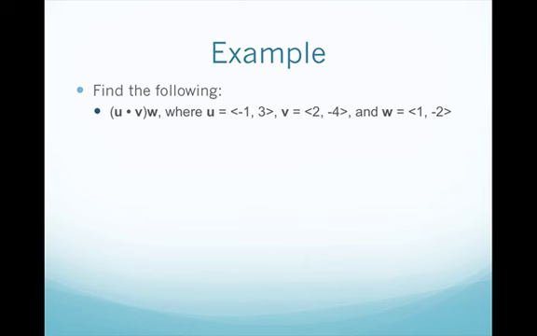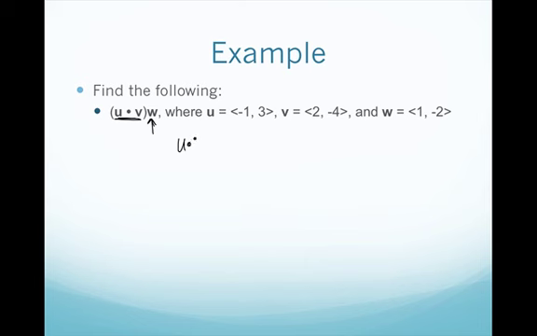So we need to find the following. We have the dot product of u and v, and we're going to multiply that to vector w. So remember, this is going to result in a number, and that number is going to be multiplied to this vector. So our actual answer is going to be a vector. So first, let's find the dot product of u and v.